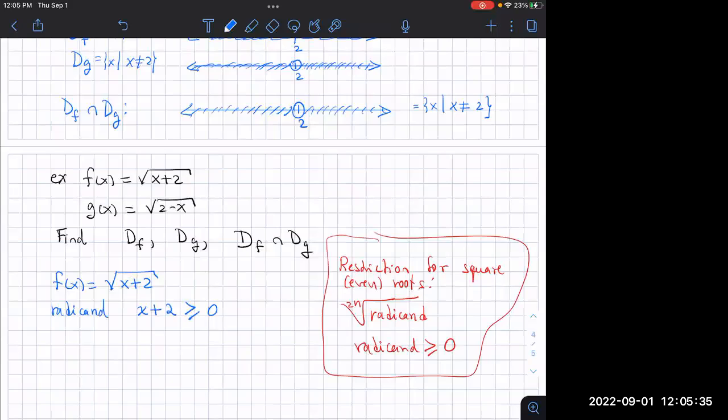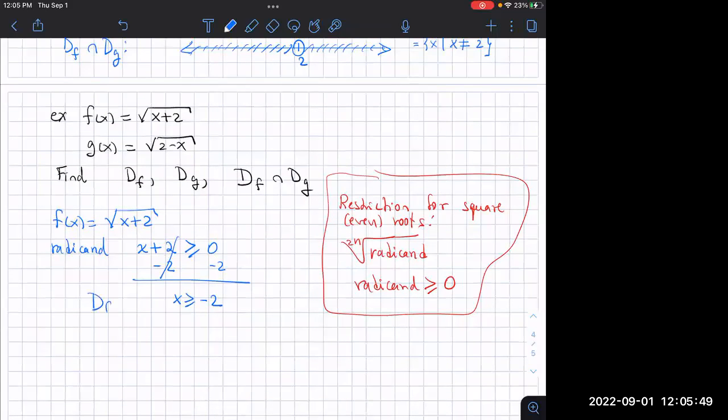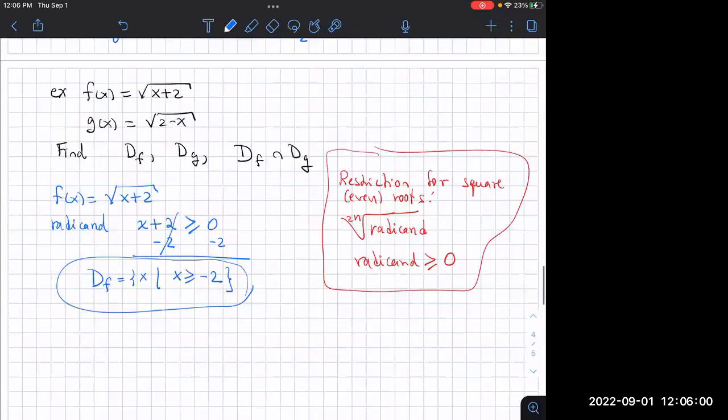It cannot be negative. So then we have an inequality. Isolate the x, subtract that 2. So x must be greater than or equal to -2. So then the domain of f is the set of all x's so that x is greater than or equal to -2. Is that correct? Yes, right?